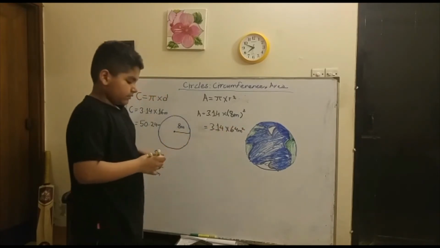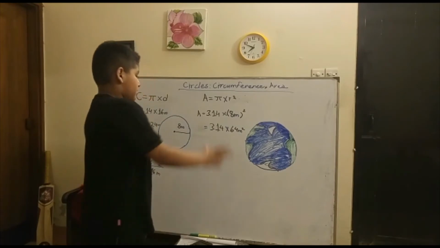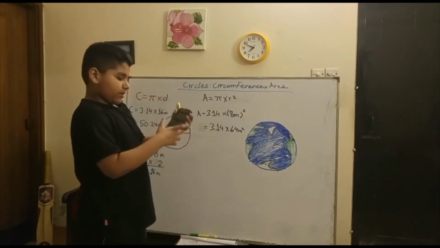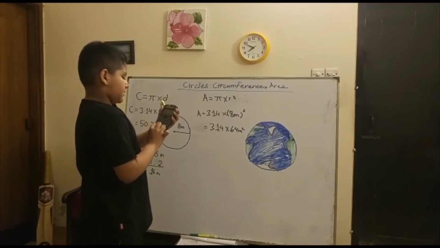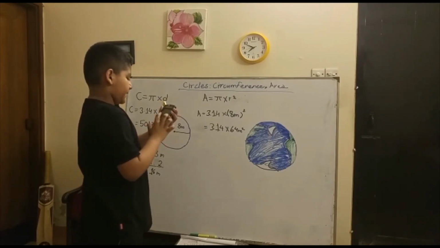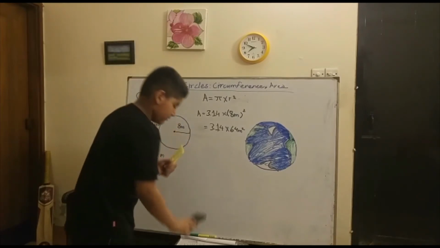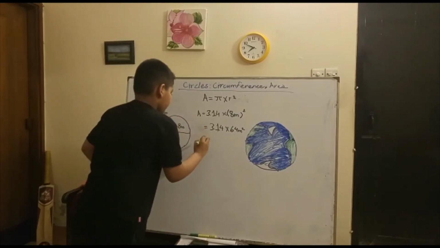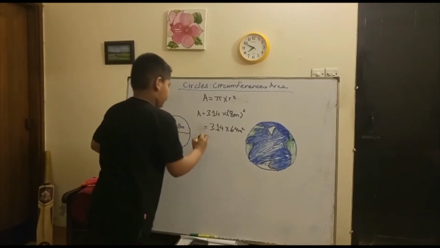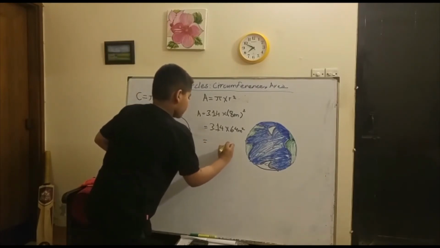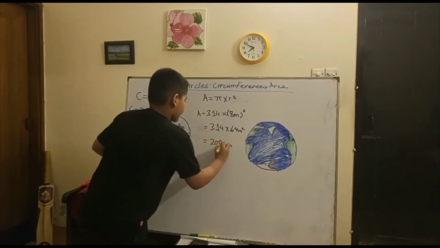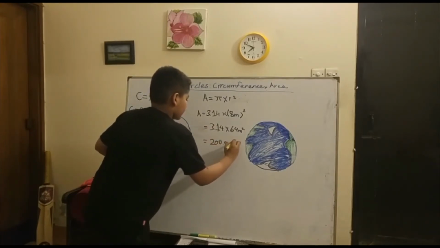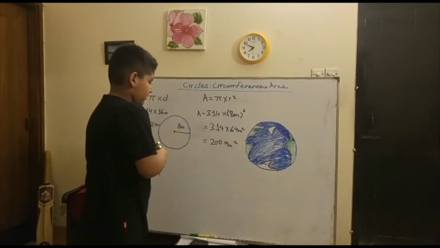Now, because this is decimal arithmetic, we'll use our fancy calculator here. 3.14 times 64, and we will get an answer of 200.96 meters squared.